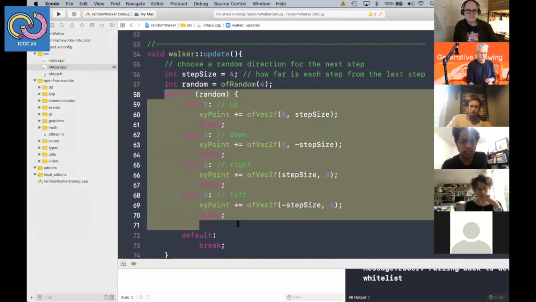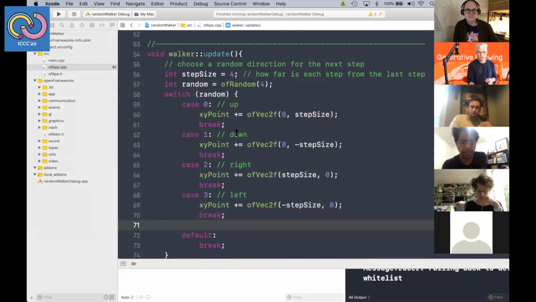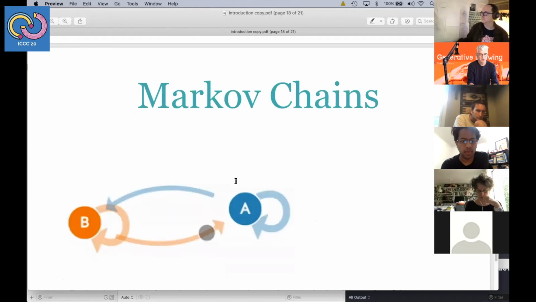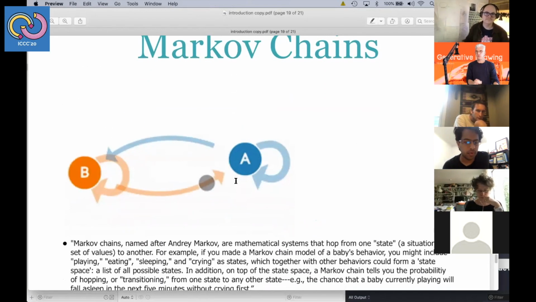and we have these 4 possibilities of what it will do, to go up, down, left, or right, and they're equally probable. But like I said, I could say, if you've already gone up, the next thing in the chain, because this list of points that it's walking through as a chain, is different. And we get to Markov chains to say, if you're at condition A, what are the chances of going to condition B?